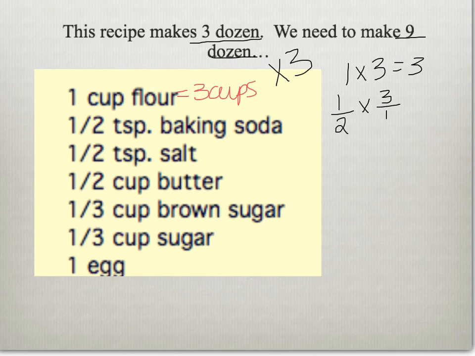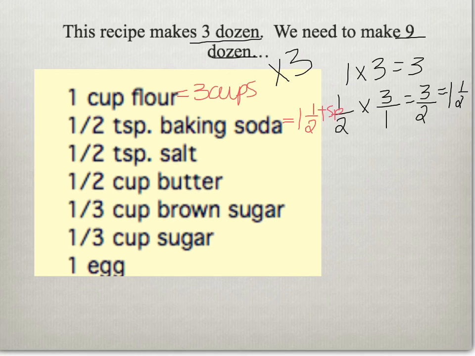I'm going to put that 3 over 1 so I can multiply my fractions. 3 times 1 is 3, and 2 times 1 is 2. Now I can change 3 halves into a mixed number, which I should always do. So 2 goes into 3 one time, and I have a remainder of 1 half. So that means that I need 1 1/2 teaspoons of baking soda.